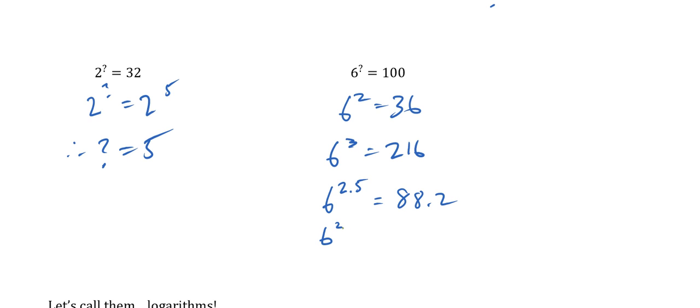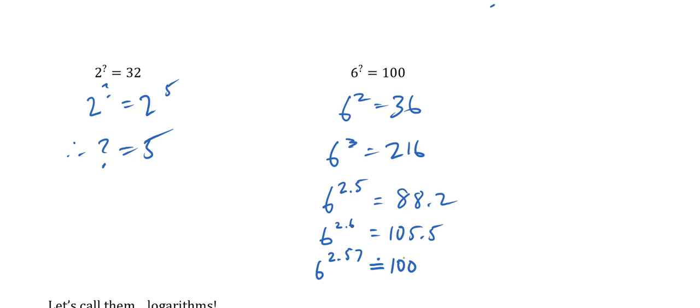What's 6 to the 2.6? 105.5. Okay, so I've narrowed it down a lot. What's 6 to the 2.57? Rounds to 100, so 6 to the 2.57 is approximately 100. It was 99 point something.